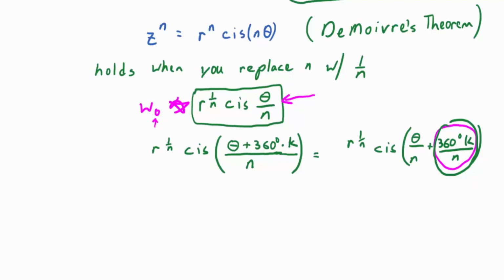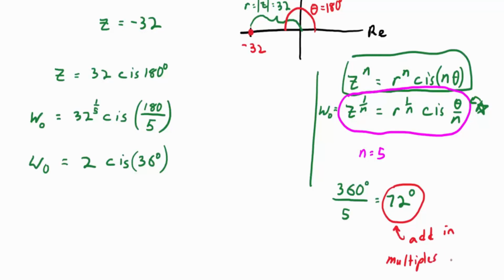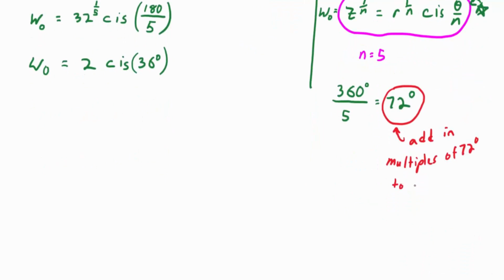What's 360 over 5? 72. So if you add in multiples of 72 degrees, you'll get the other zeros. Before I answer your question, let's go ahead and finish this up.